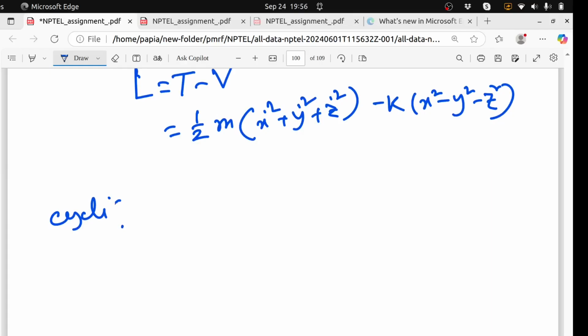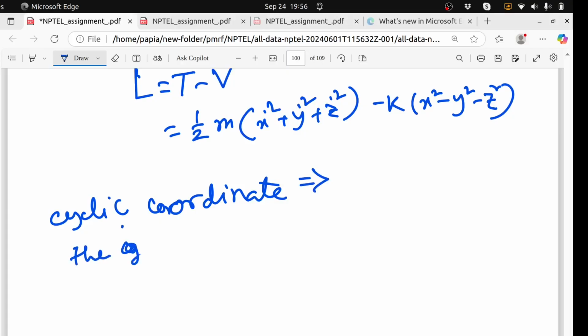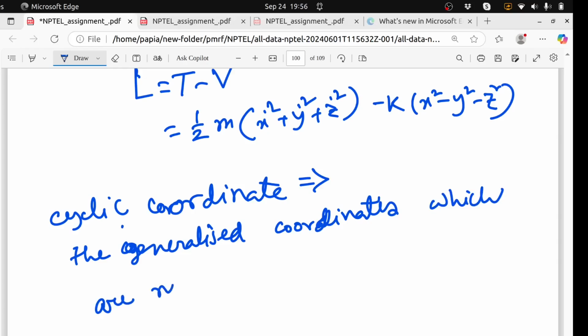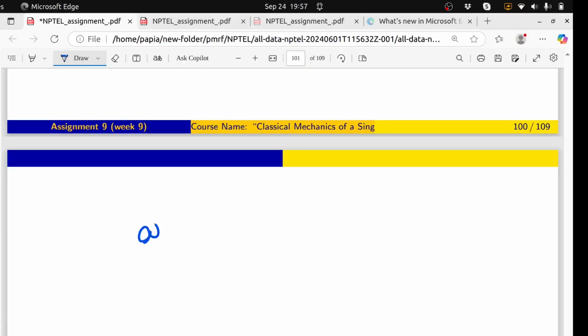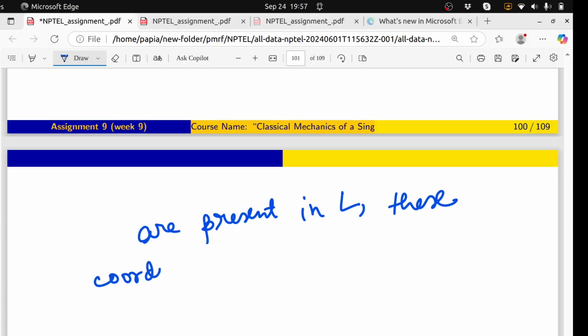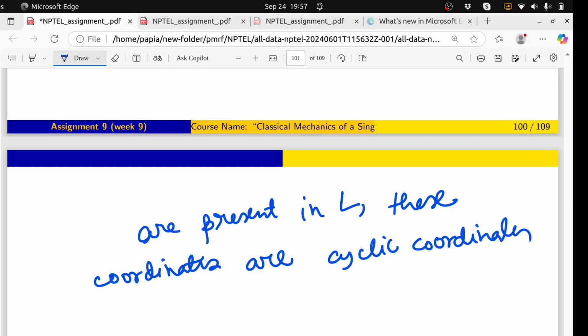Now cyclic coordinates. The generalized coordinates which are not explicitly present in L, but their time derivatives are present in L, these coordinates are cyclic coordinates.